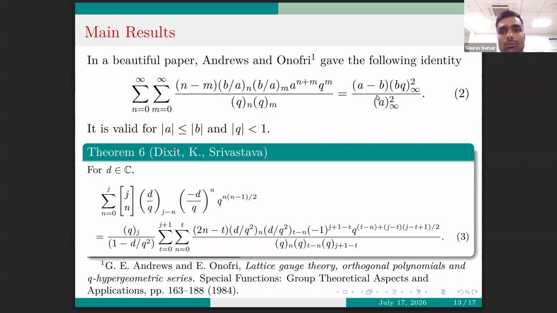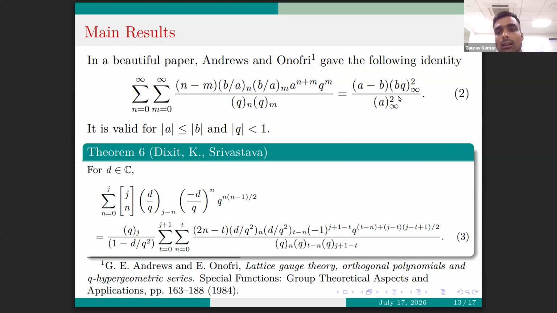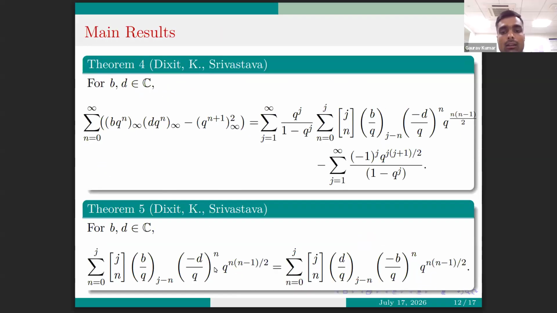To give you some idea, what we did is we tried to get a generating function of this particular sum. So we added some parameter and took the sum over j from 1 to infinity, and we were able to express it in Q products, and the Q product we obtained comes out symmetric in B and D.